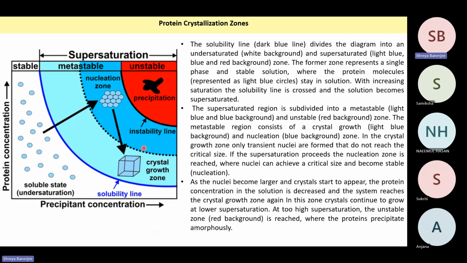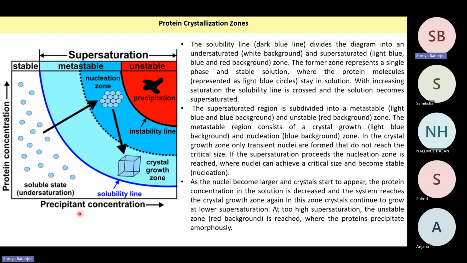So this is the graph I was talking about, that there are several zones. This line, the dark blue line, is called the solubility line, and it divides it into two parts. This entire white region is where there is a protein concentration and a precipitant concentration.